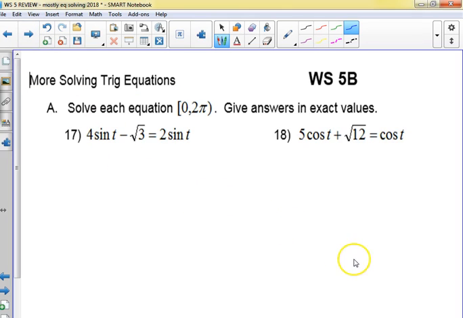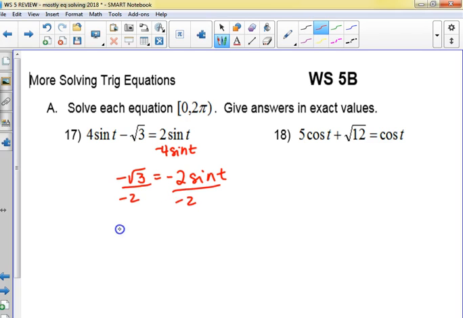All right, here's a couple more good ones. What do we want to do here? Let's see, if we subtract 4 sine t over here, we get -√3 equals -2 sine t. Then if we divide both sides by -2, what will we have? Positive, right?